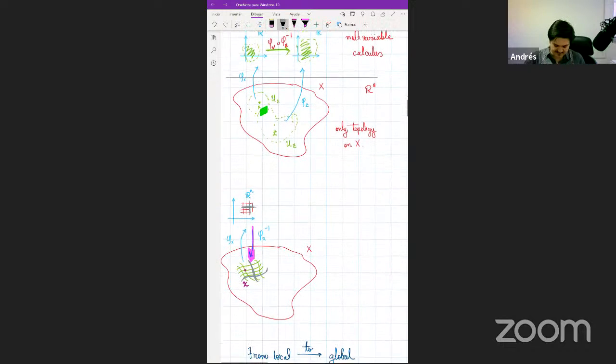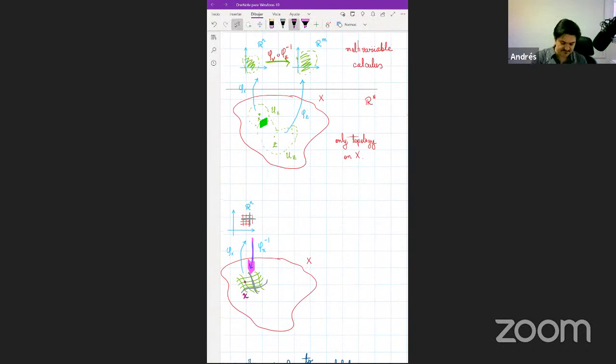Let me make some analogy. R2, and I'm going to put X to be R2.